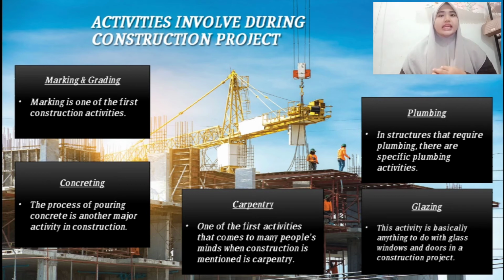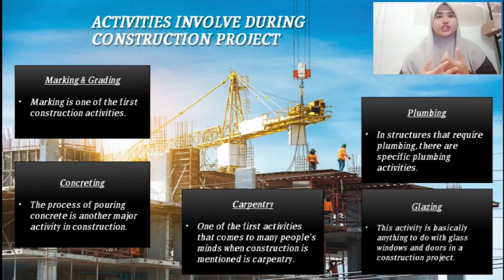Number 3 is carpentry. One of the first activities that comes to many people's minds when construction is mentioned is carpentry. This is the general cutting and installation of materials that will be used for the construction of a structure. Number 4 is plumbing.